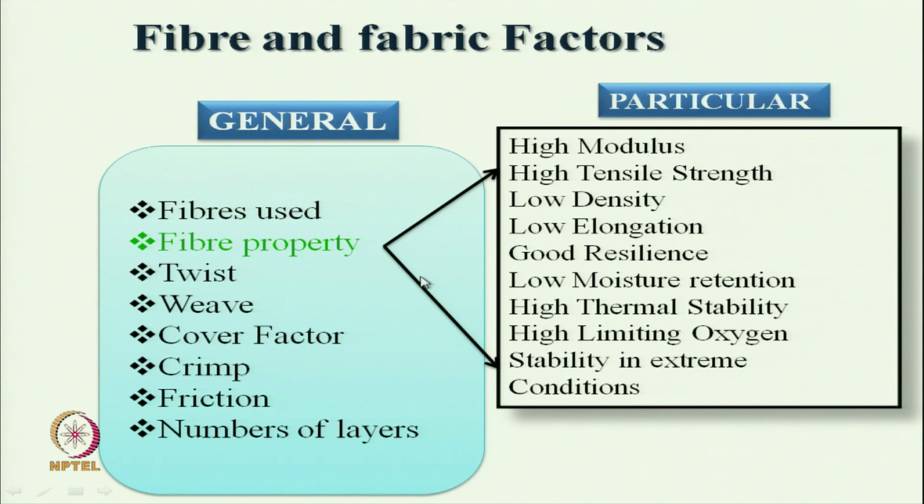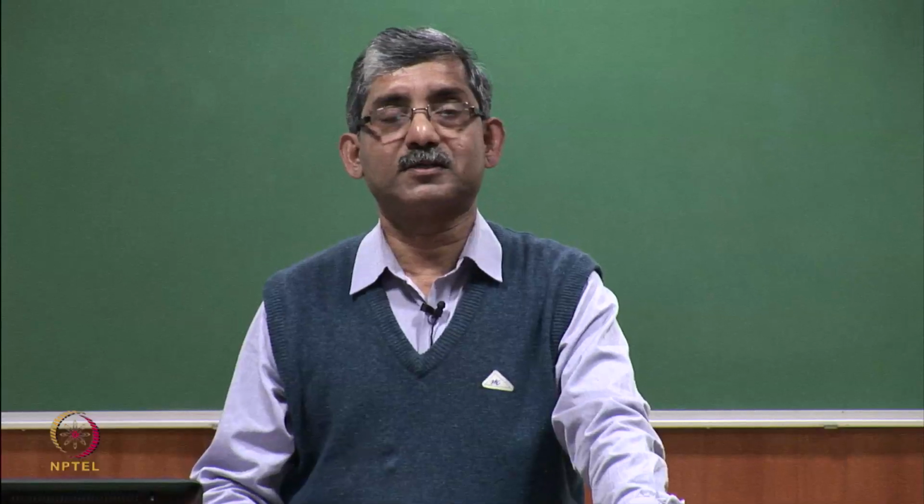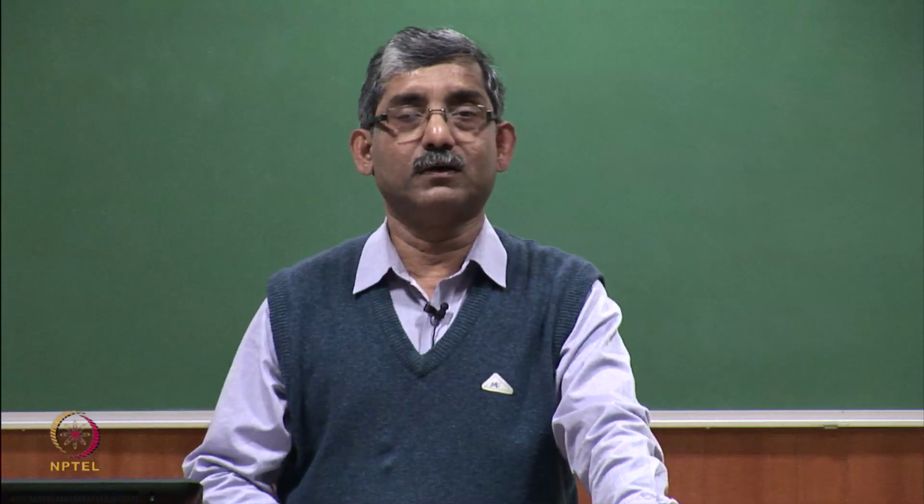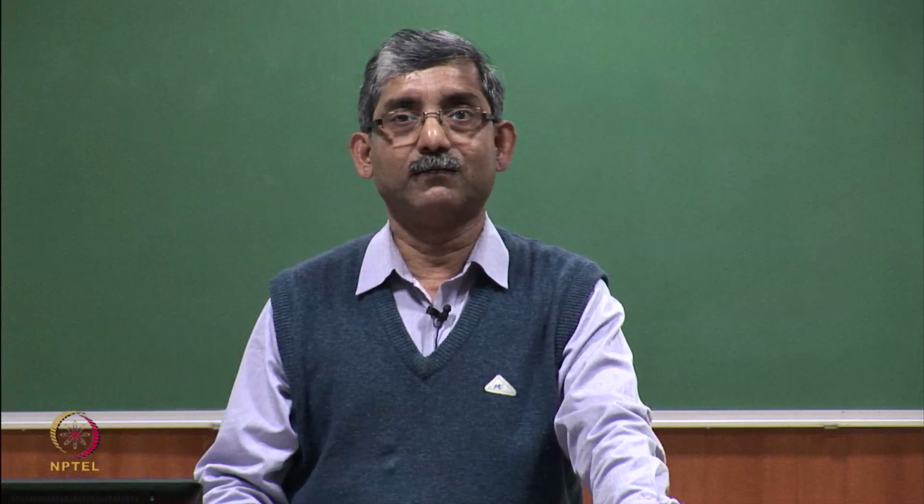The important fiber properties for this ballistic protective clothing are: it should have high modulus, so that the extension is not high and it can absorb the high velocity impact. High tensile strength should be there, it should not break due to the impact.